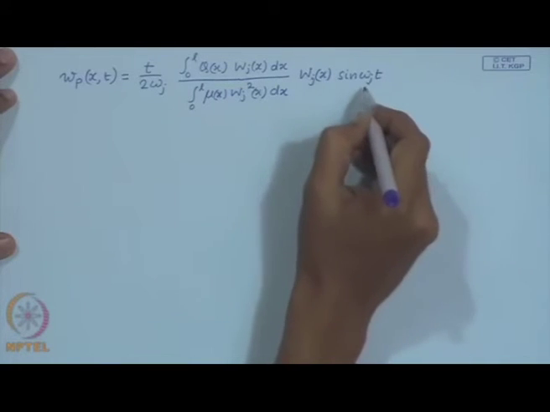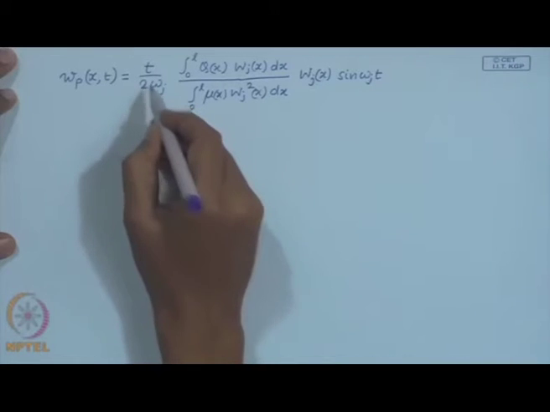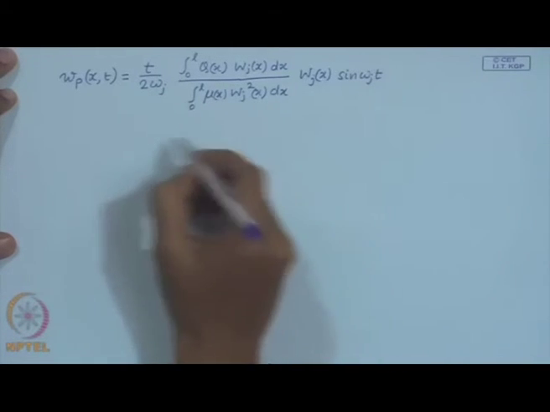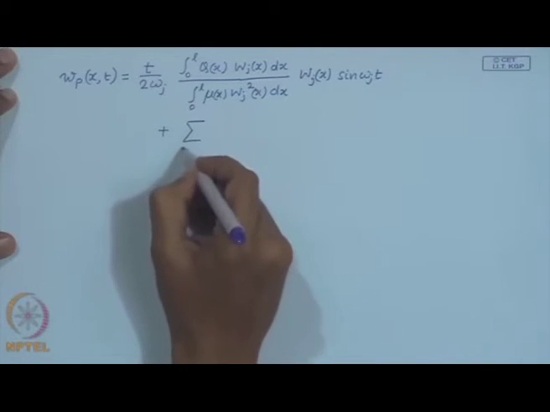we obtain this sin omega j t when we take the real part, because of that i sitting in the denominator of beta j, and along with this we have the other terms.